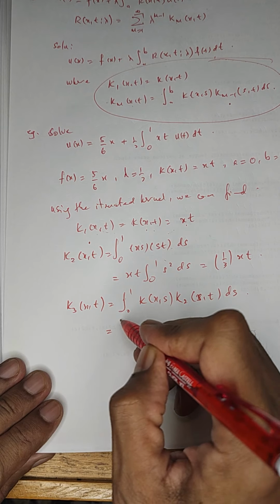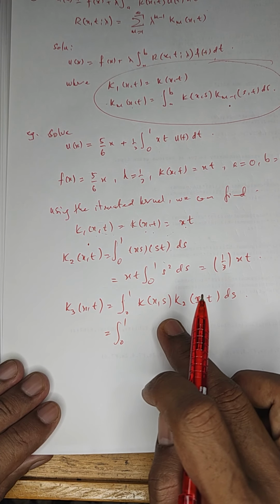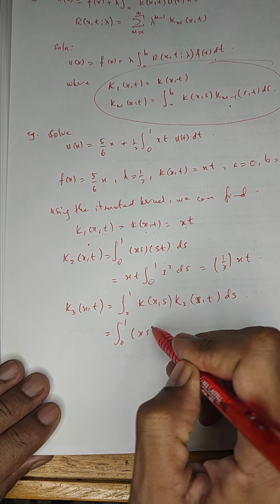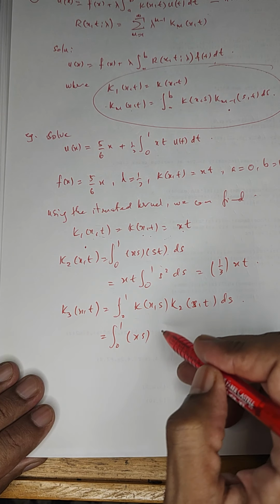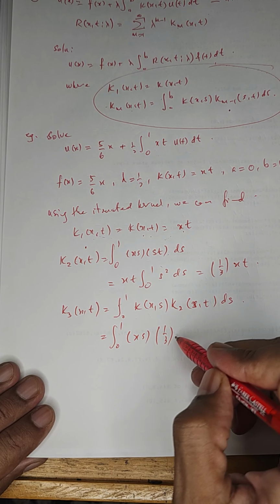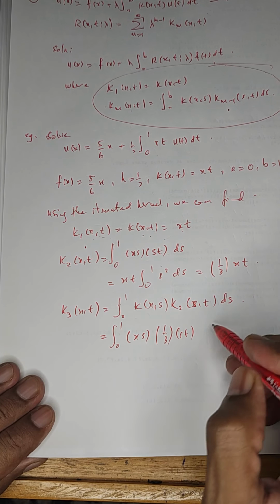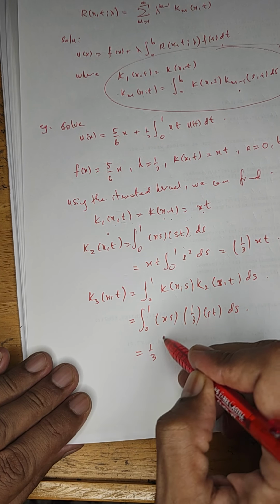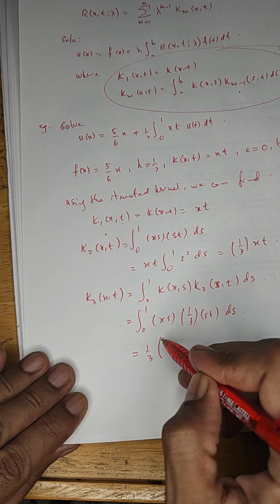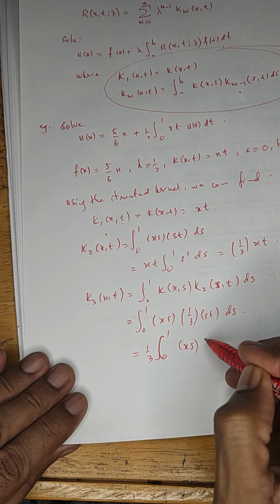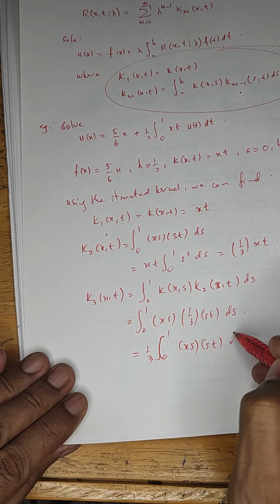So we have 1/3 times the integral from 0 to 1 of xs st ds.